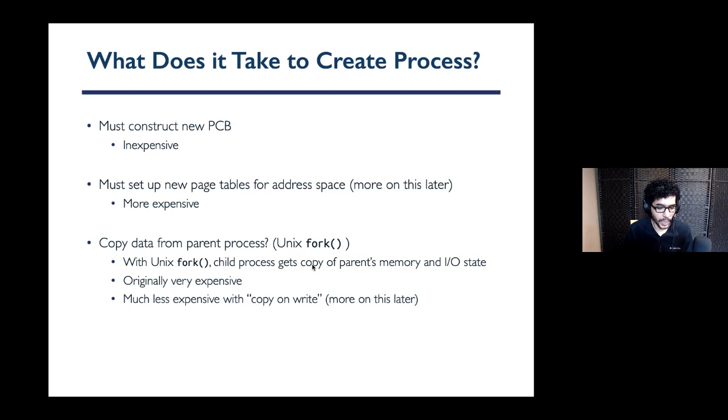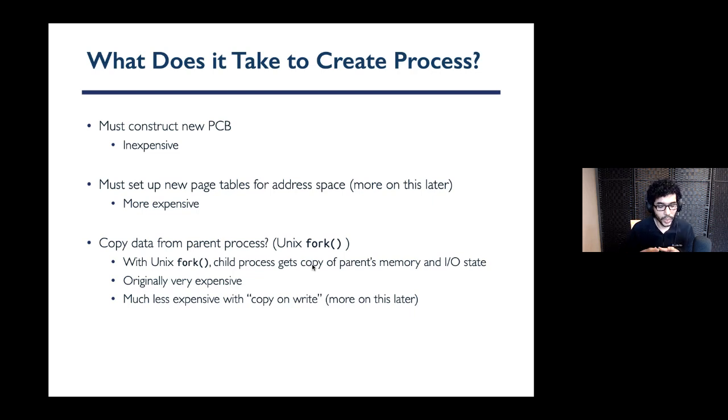When you fork, you get an exact copy of your parent's memory and IO state, which is inexpensive. Usually there are optimizations that operating systems do in this case. They don't really copy the memory. They just make the parent's memory read-only. So the moment the child process wants to write, to change anything in this memory, they make a copy.